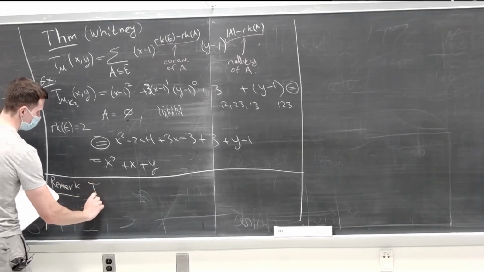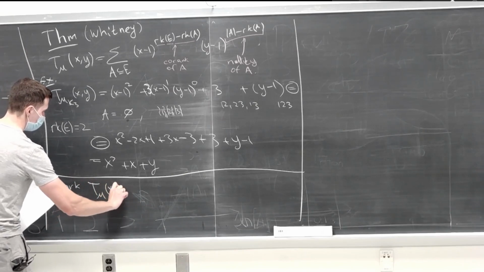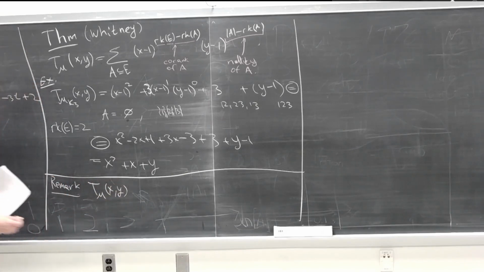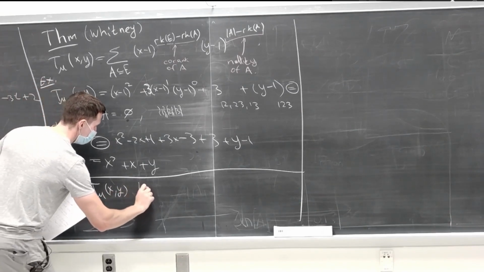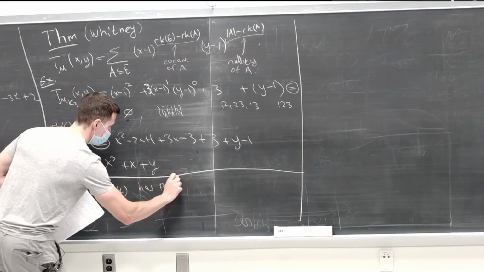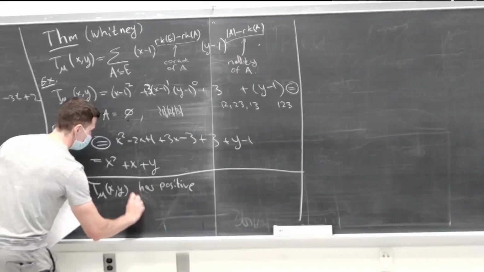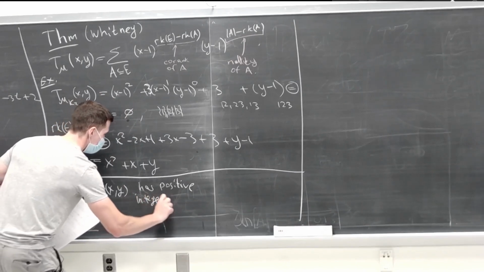More generally, the Tutte polynomial, if you just look at the recurrence, has positive integer coefficients. At no point am I subtracting or dividing. This Tutte polynomial has positive integer coefficients.